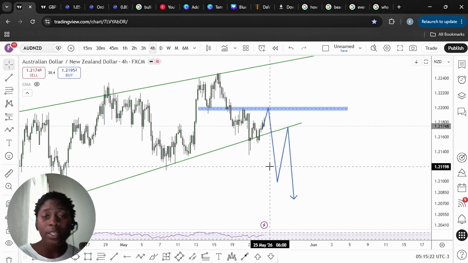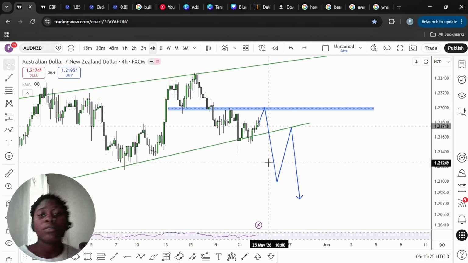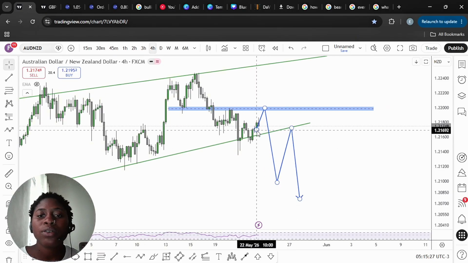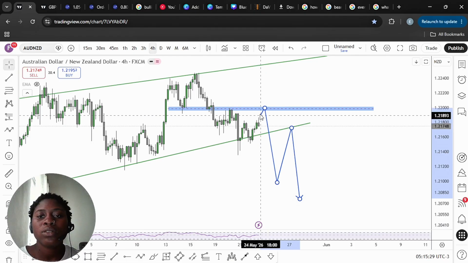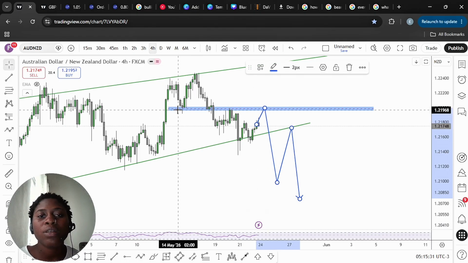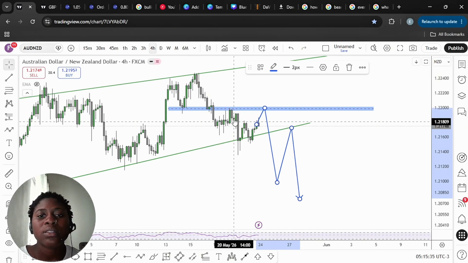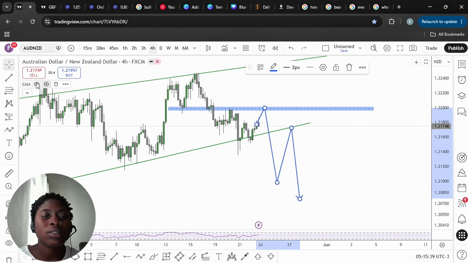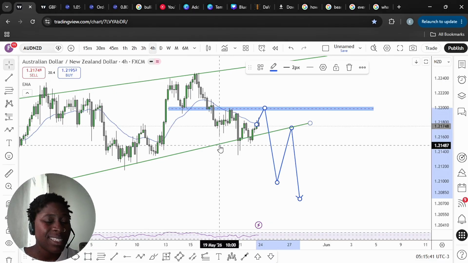Now, for entry, we'll come to the 4 hour. There are two places I expect price to sell from. It's either price moves to this resistance because it's already broken the 4 hour structural low and is now looking like a downtrend. But for some people, they would say this is a downtrend.